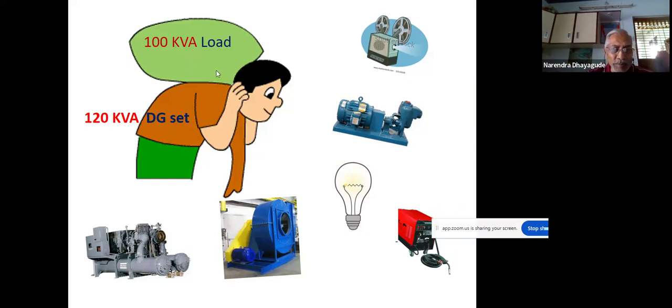Now, as a thumb rule, in general, whatever is the load, the DG set should have at least 10 to 20% capacity higher than the load side. This is again common sense, because some other parameters are there. So the prime mover has to have some marginal capacity over and above that.